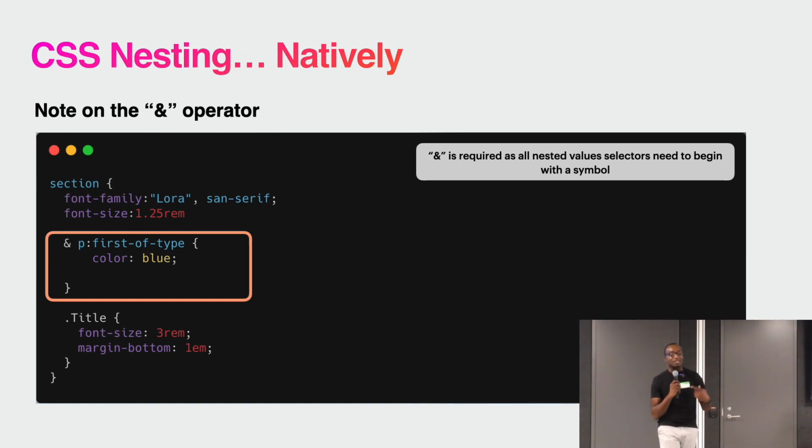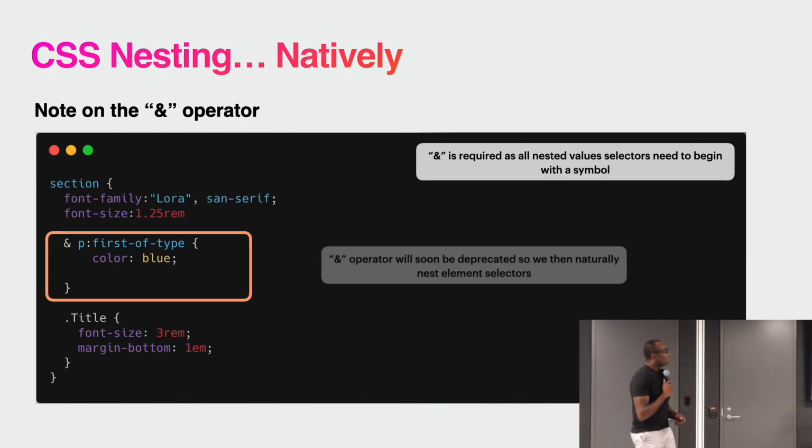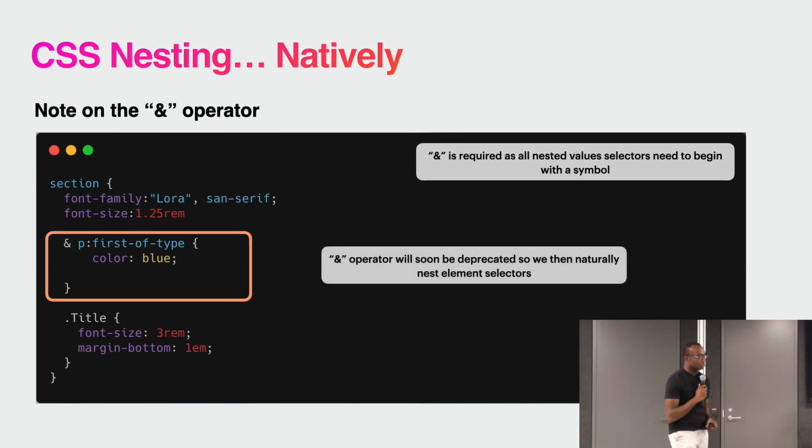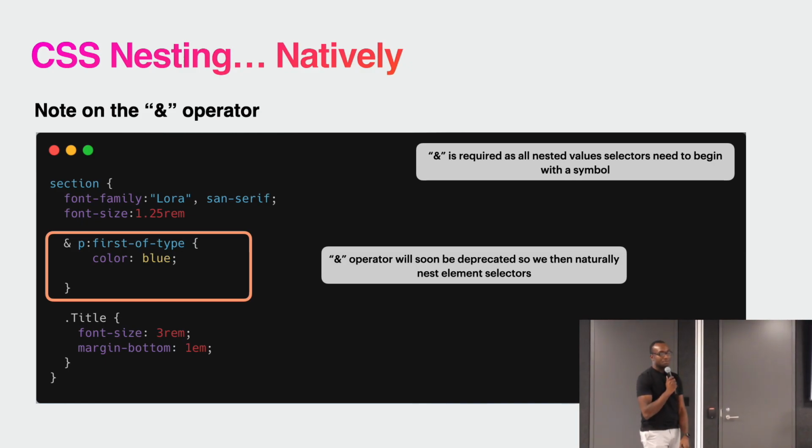Do we write another syntax to say how do we nest paragraphs or element selectors? The thing is, this ampersand symbol, because it's caused a lot of problems, a lot of working group members have wanted to see how we can get rid of it. And so pretty soon, the ampersand selector is going to be deprecated, and then we could just nest this paragraph element selector here, just as we're nesting our class selector over here.